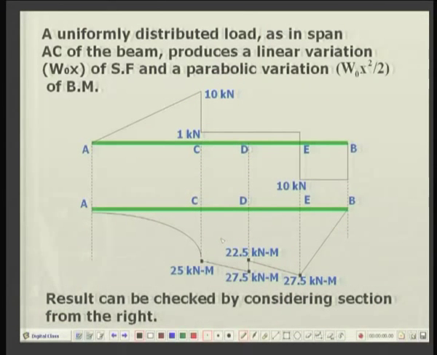So, these are some of the automatic checks for you. And finally, wherever the shear force goes through 0, you can expect a local maximum or minimum in the bending moment. All these features, for example, here it goes through a maximum over here. So, shear force is 0 at point E, you can see it. So, the bending moment is going through a maximum over here.